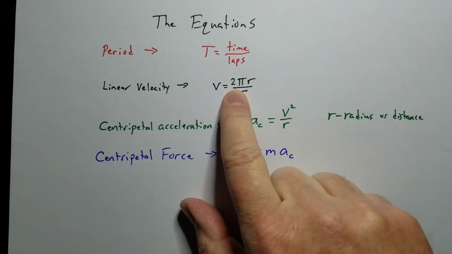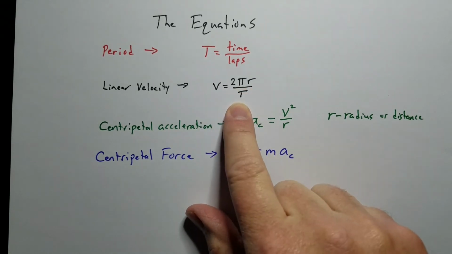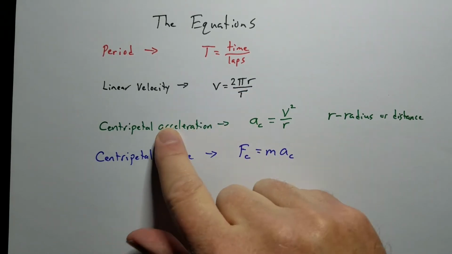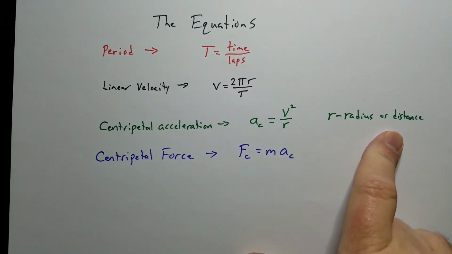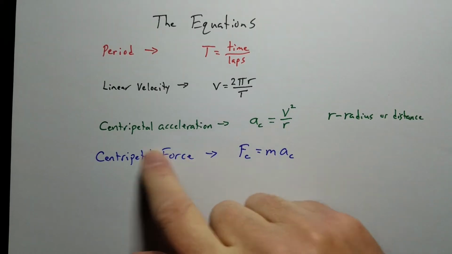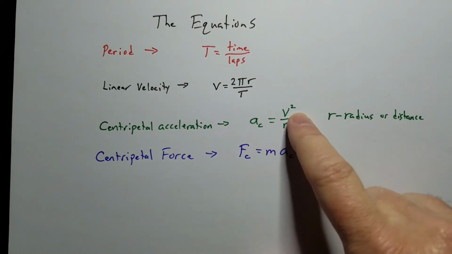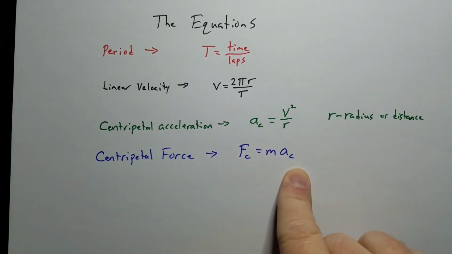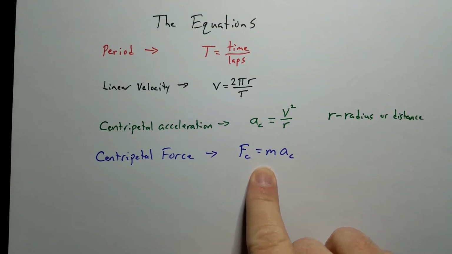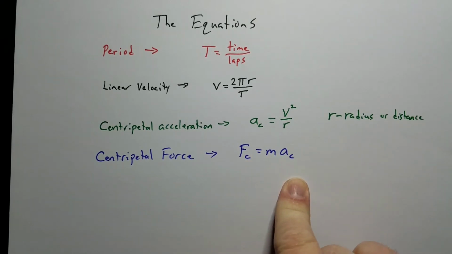Linear velocity is the circumference divided by the period, and that r is for the radius or distance. Depends on how the problem's set up, but usually it's just the radius. Centripetal acceleration is v squared over r. And centripetal force is just F equals ma again: centripetal force equals mass times centripetal acceleration.